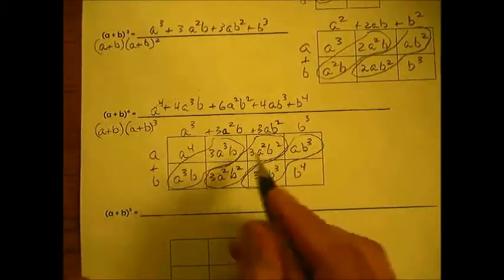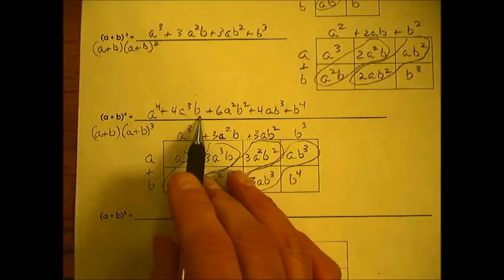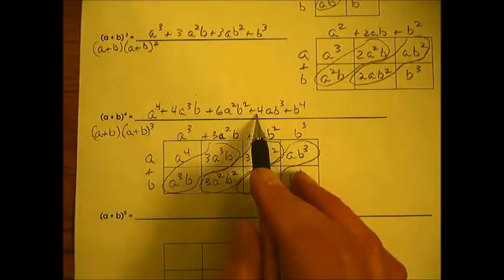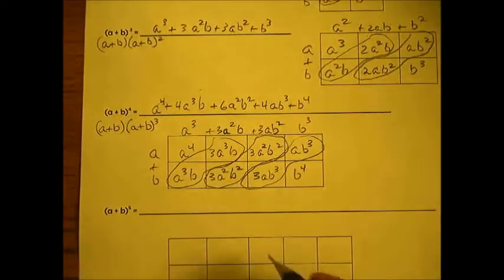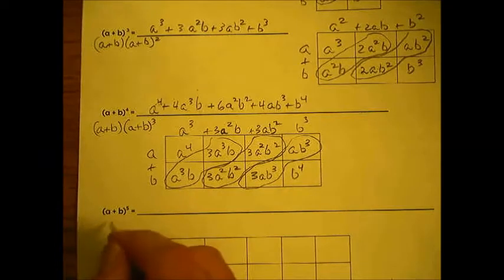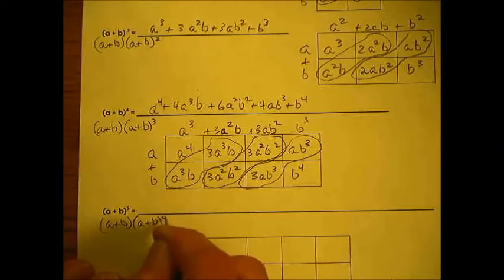Okay, so hopefully you didn't just copy mine down and you got a to the fourth plus 4a cubed b plus 6a squared b squared plus 4ab cubed plus b to the fourth, combining all these like terms here. Alright, we're going to do it again. This is going to be a plus b to the fifth, which is going to be a plus b times a plus b to the fourth.